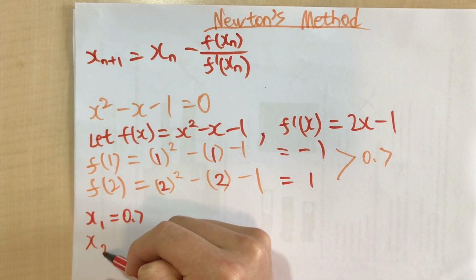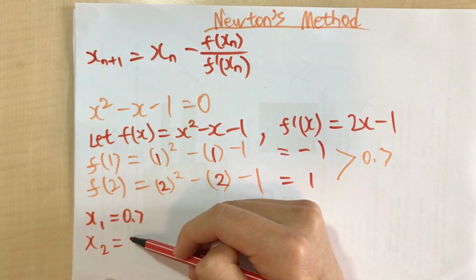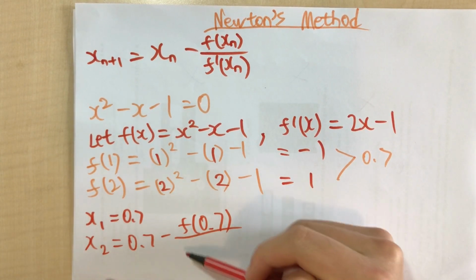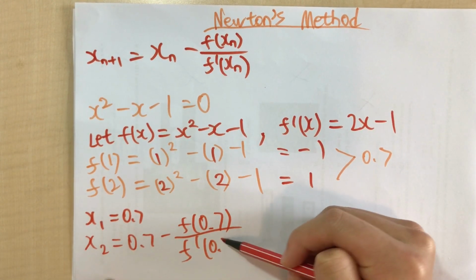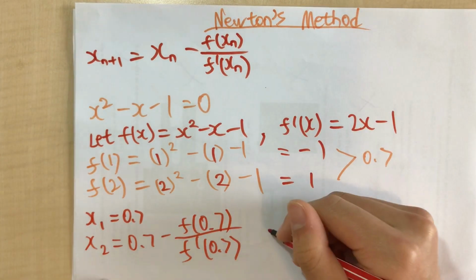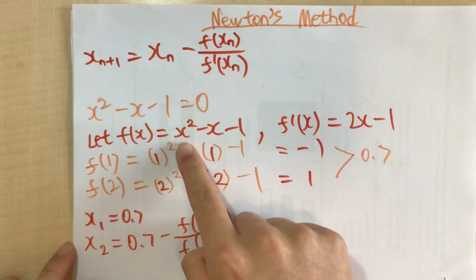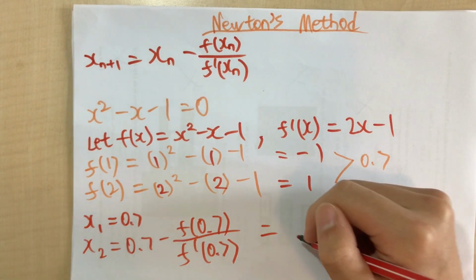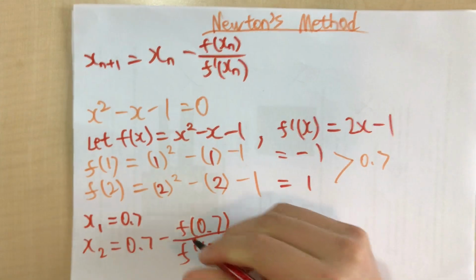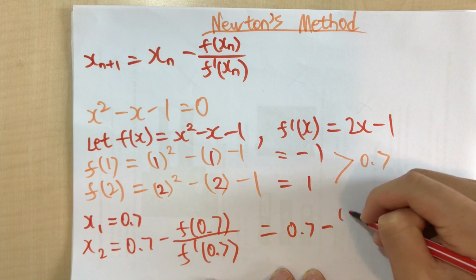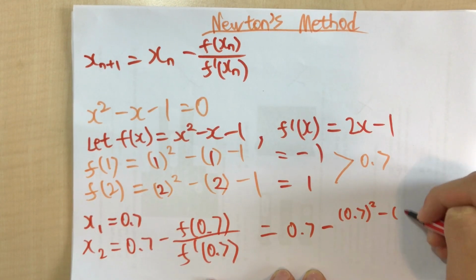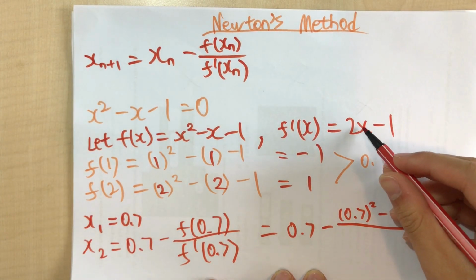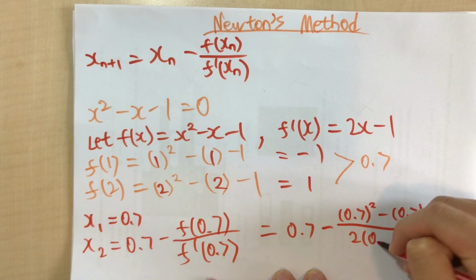So our second iteration will be the previous one minus f of the previous one over f prime of the previous one. So now we're substituting 0.7 into both equations. I write down here first 0.7 minus f of 0.7, which is 0.7 squared minus 0.7 minus 1, over f prime of 0.7, which is 2 times 0.7 minus 1.